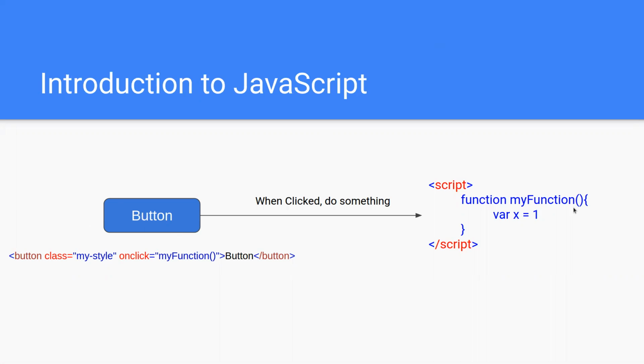We can define a function that can be called when the button is clicked. Next, we will be discussing what a function is. JavaScript functions can either be written in the script tag or can be imported as a library in the header script tag. So let's have a look at what functions are.